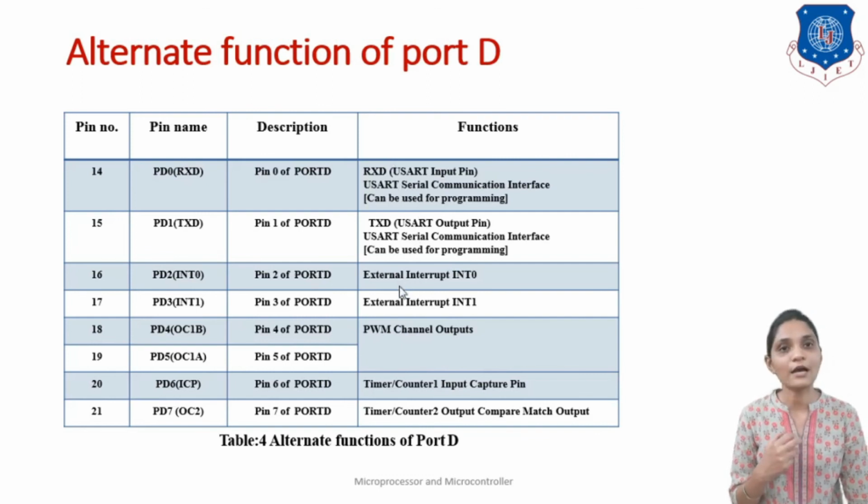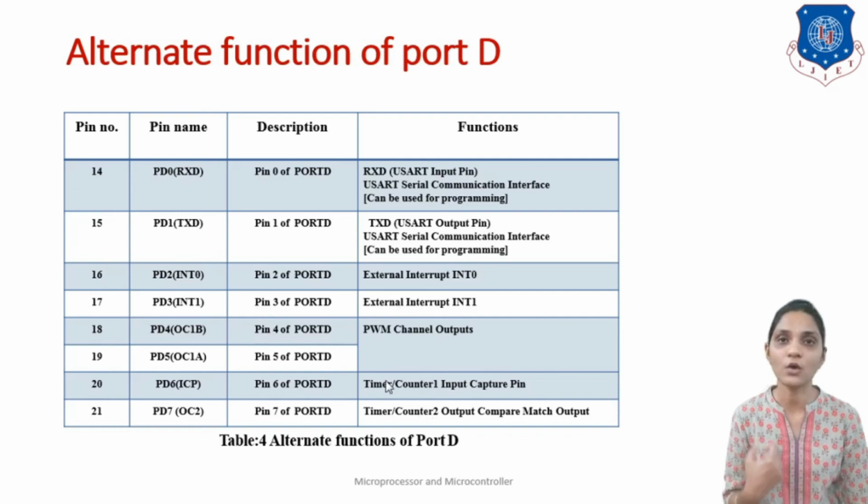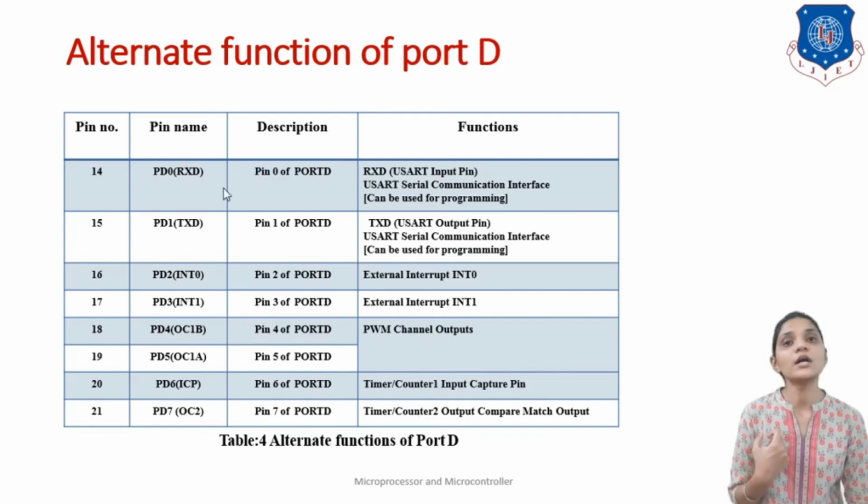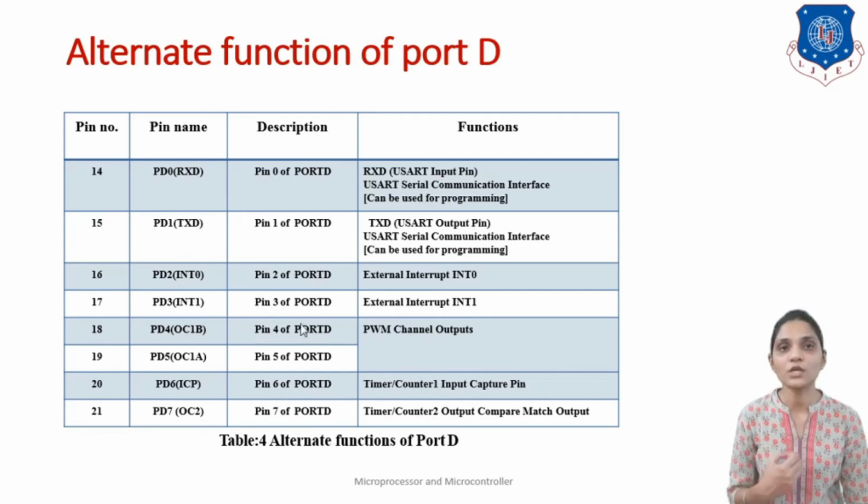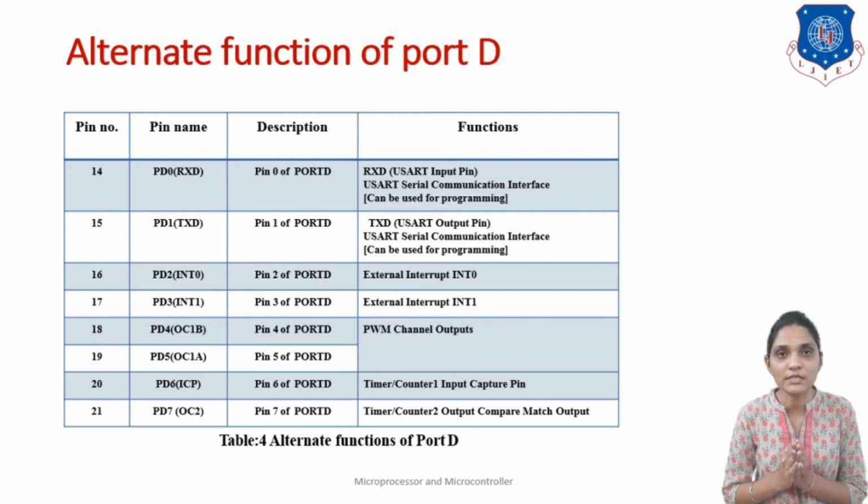Then the next two pins are for the external interrupt. Then the next two pins are for pulse width modulation, and the last two pins are for the timers or counters. Okay, so port A, port B, port C, and port D all have dual functionality. The first functionality is the bidirectional input output port, and the second functionality depends upon the port.